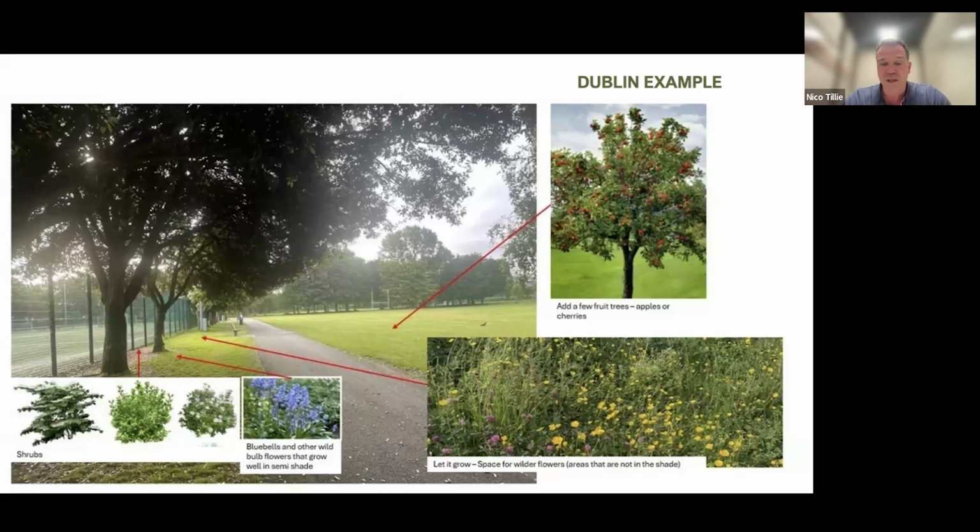This layered approach gives space to different species of insects, birds, and also soil life. And it's also a nice area to be in for people. On the right-hand side, some fruit trees like apples or cherries are planted for separation. Maybe it's also windy there, but at least it's nice to have some fruits there when walking by.